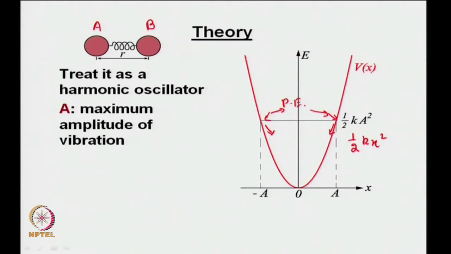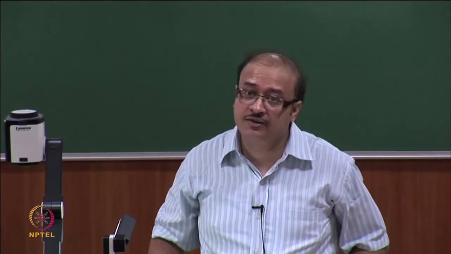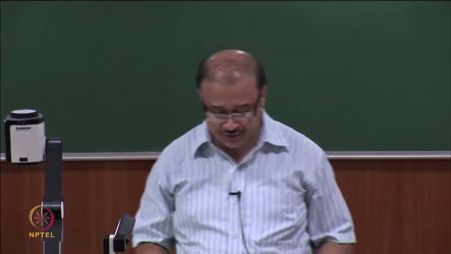And at this point 0, the energy is fully kinetic. Then what does half k a square mean? Half k a square means, with A being the maximum amplitude of vibration, this is the maximum potential energy you can have for the given spring.